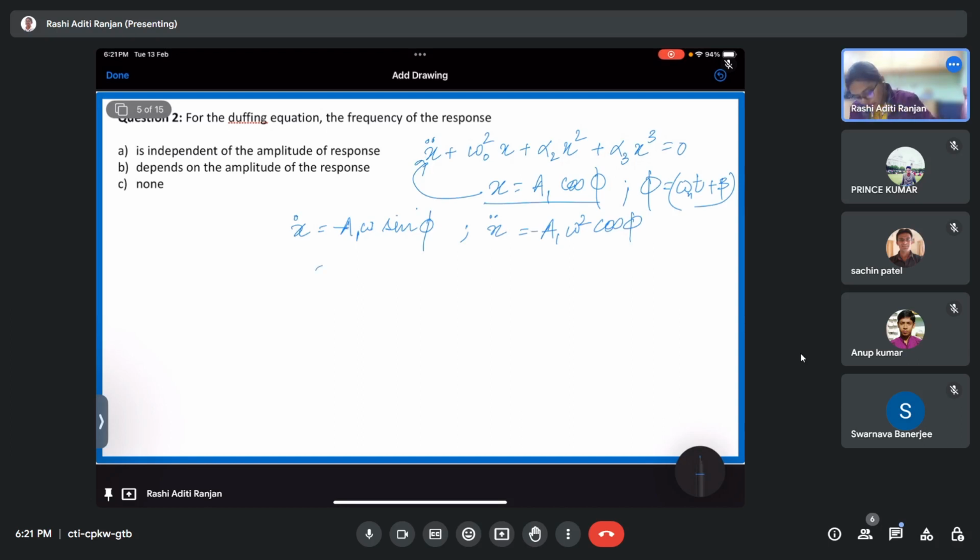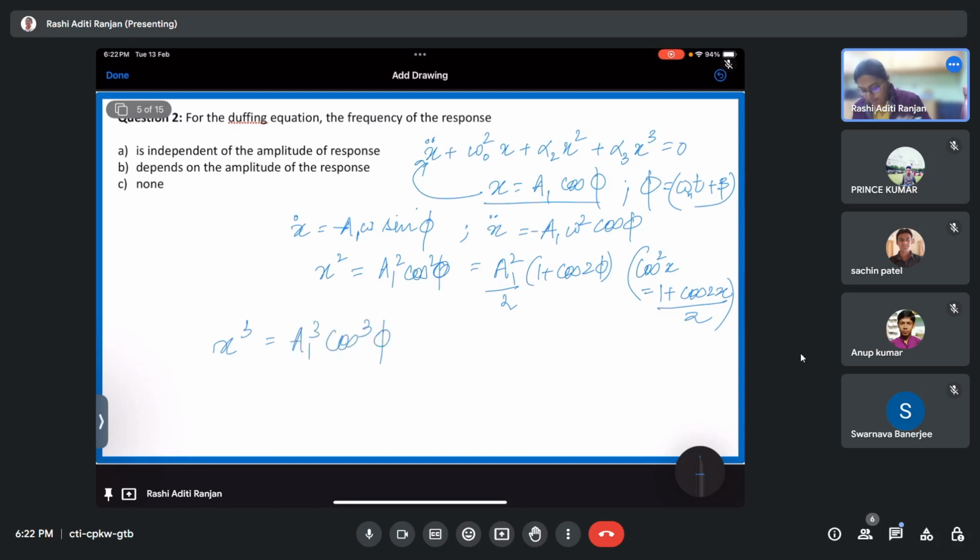Correct? If I want to evaluate x square, it is going to be a1 square cos square phi. And from the trigonometric identity that cos square x equals 1 plus cos 2x divided by 2, I can write it like a1 square by 2 into 1 plus cos twice of phi. Correct. Similarly, I can write x cube as well, which will be a1 cube cos cube phi.